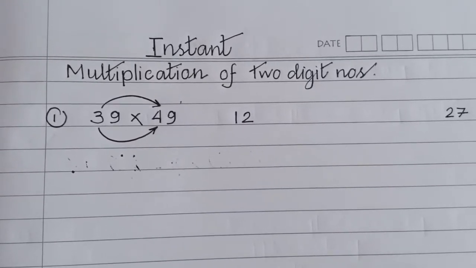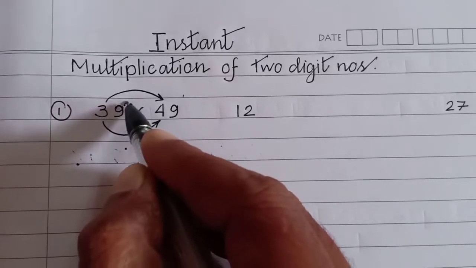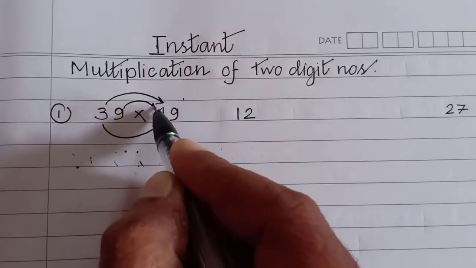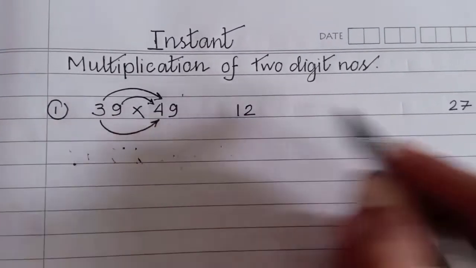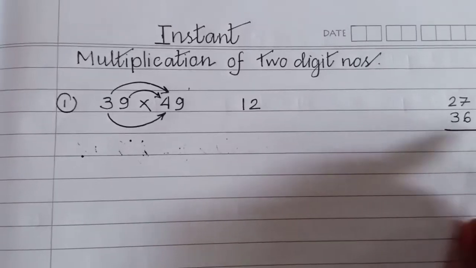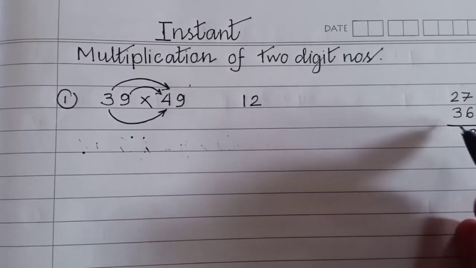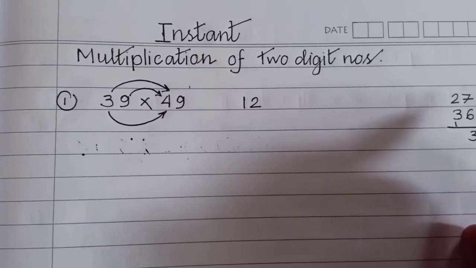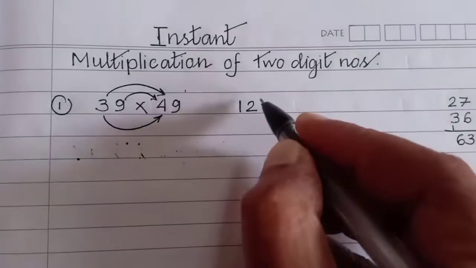Now after that you make a multiplication of 9 into 4, plus 9 into 4, it is 36. You make an addition. How much is it? 27 plus 36 is 63.